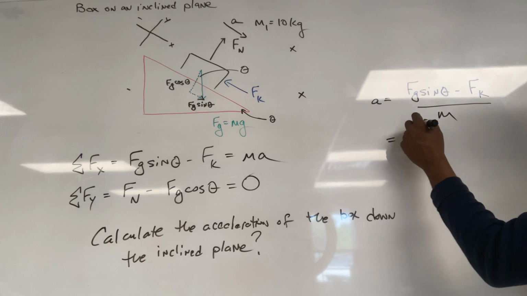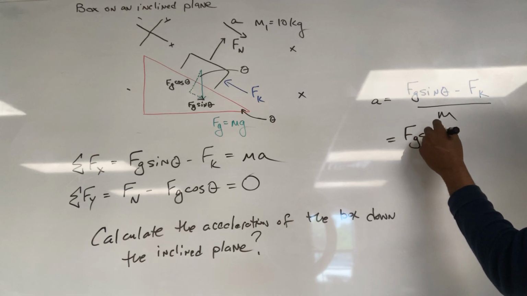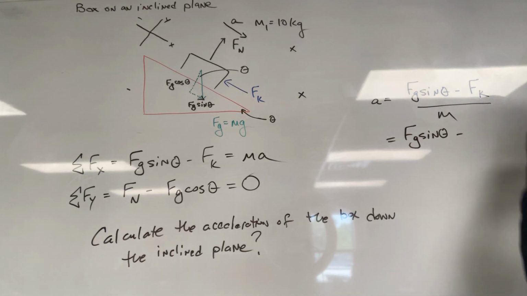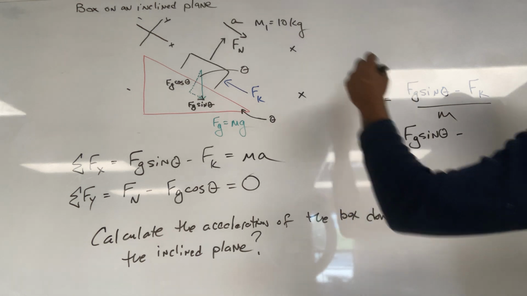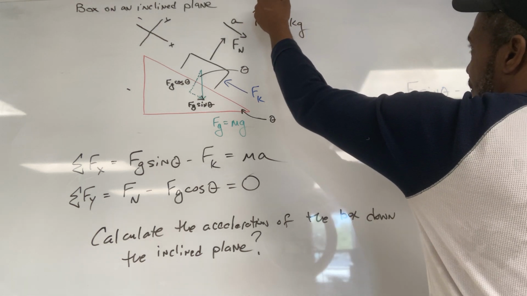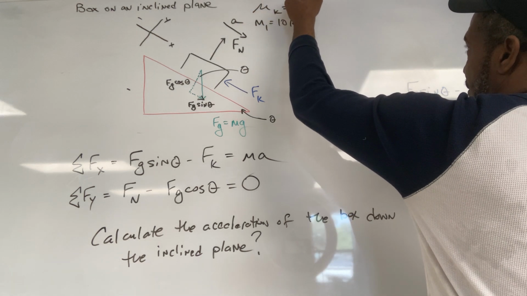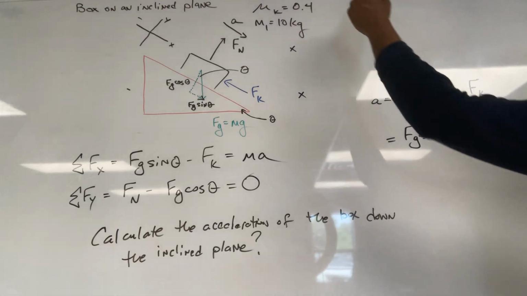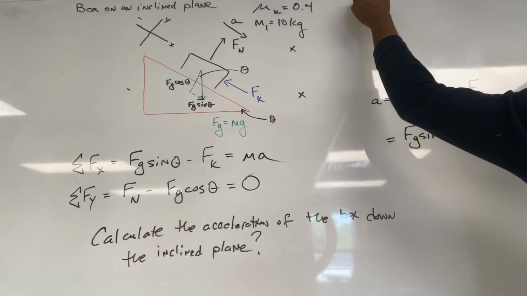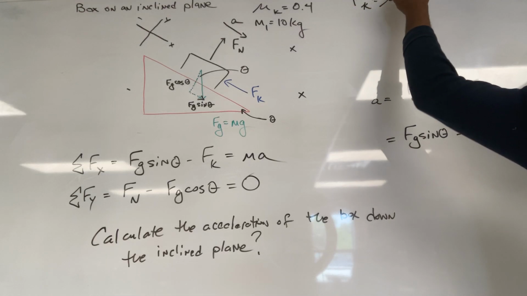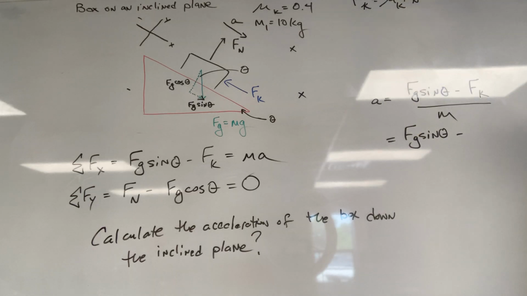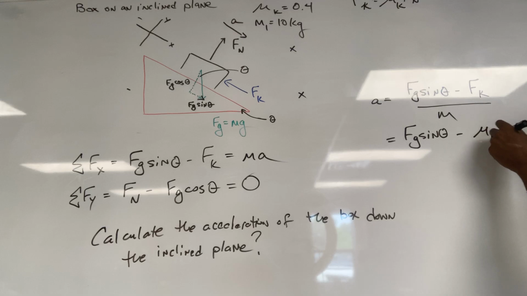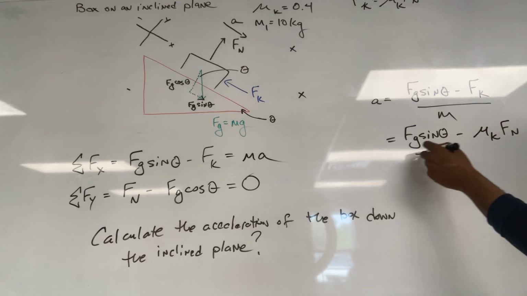So FG sine theta, and this is mu of K, which is going to be given to you in the problem, 0.4 again. And so we can replace F of K. We know the equation for F of K is mu of K, F of N. So we can replace that right here: mu of K, F of N, all over M.